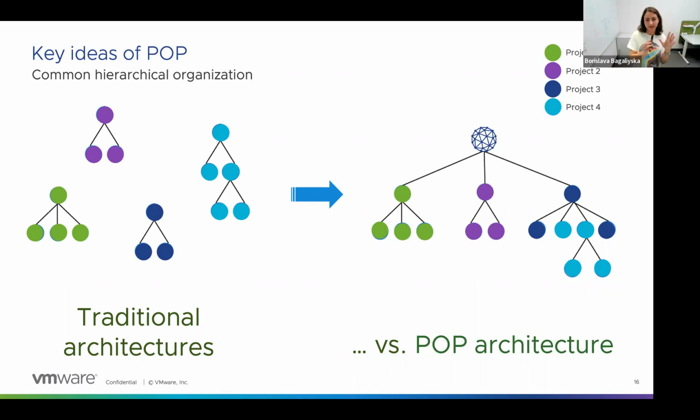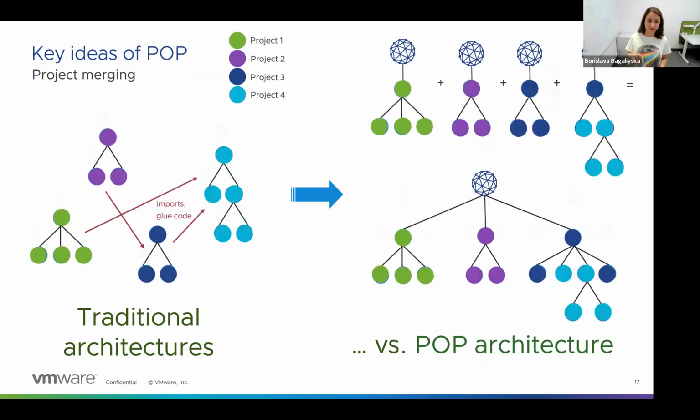And on the left are how projects are now. We have 4 projects. While on the right are how projects are structured in POP. So we still have the same structure internally, but externally, projects themselves are in a big hierarchy with one single root. And this gives us a big benefit of the next key idea, which is project merging.